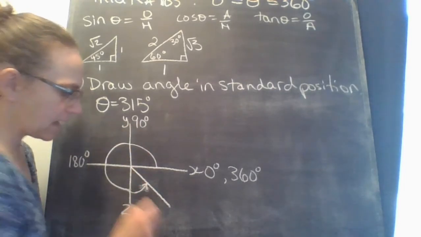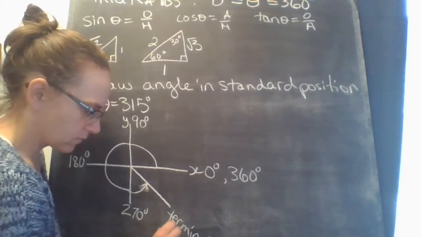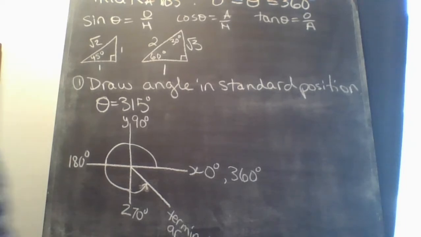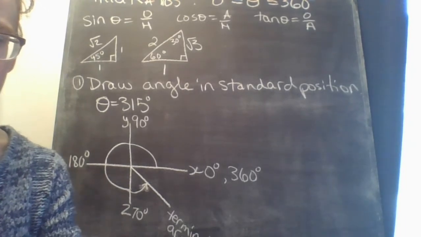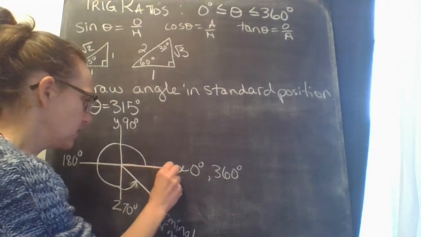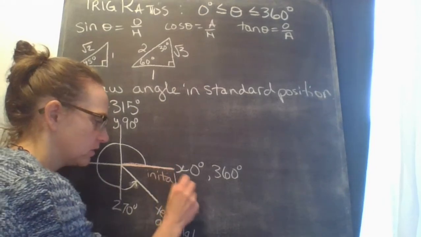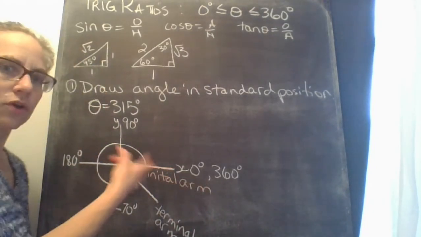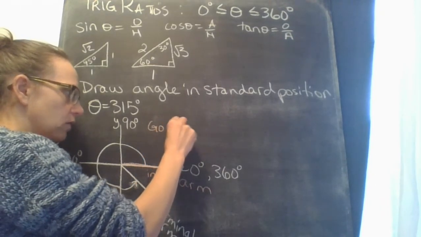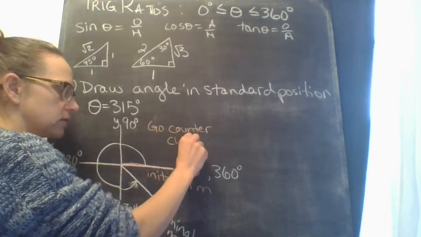Okay, so where I end, this is called my terminal arm. Where we start, our initial arm, is here because we start here. Notice how we went counterclockwise, so we have to go counterclockwise.